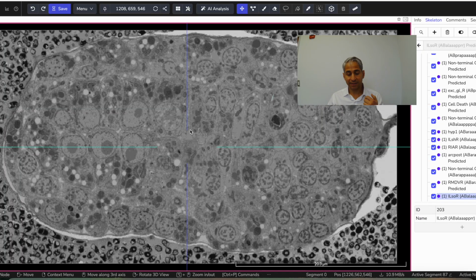The last axis is the left-right axis. If this embryo is laid like this, back, dorsal, ventral, anterior, posterior, then the top becomes your left axis and the bottom becomes your right axis. So these are the axes we're talking about: front, anterior, posterior, left, right, and then dorsal and ventral.